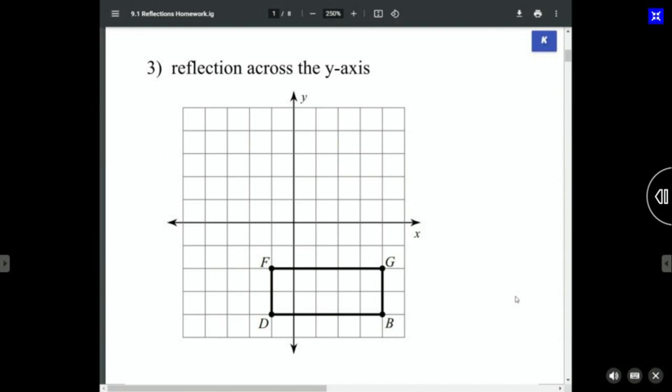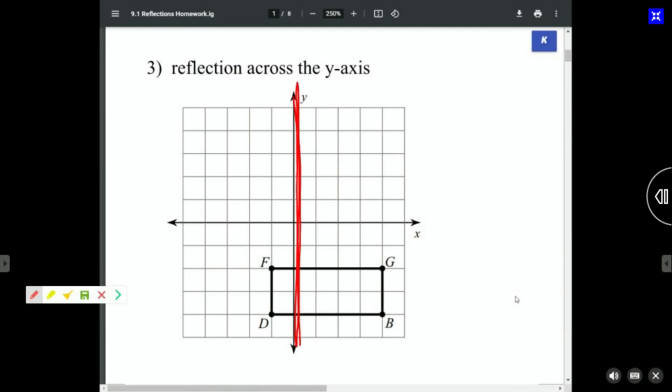This is y. It's not flipping over the x. See how that has an x on it and that has a y on it? It's flipping over the y. So when you're doing y, you're going left and right. When you're doing x, you're going up and down. That's my y-axis, right?